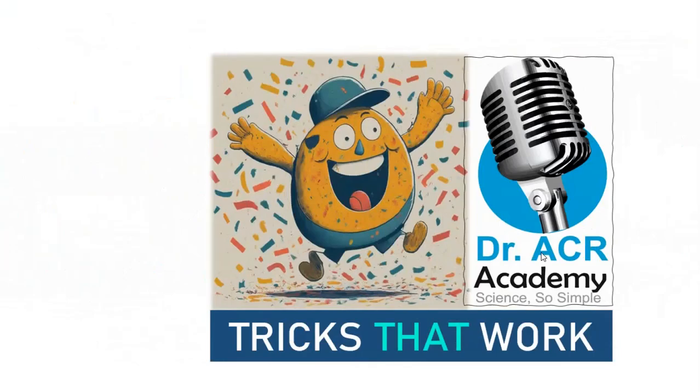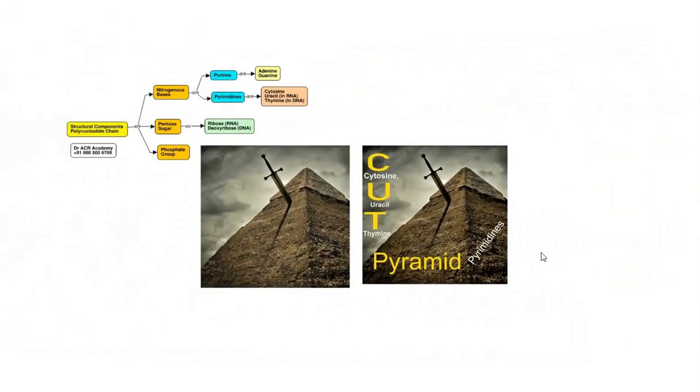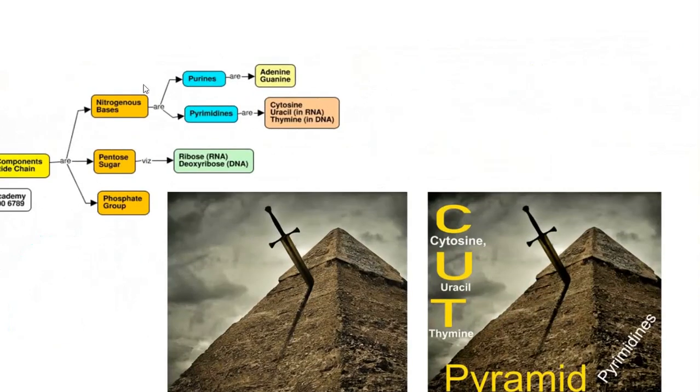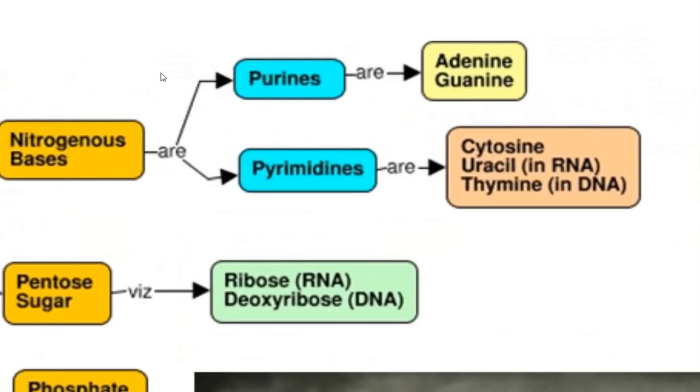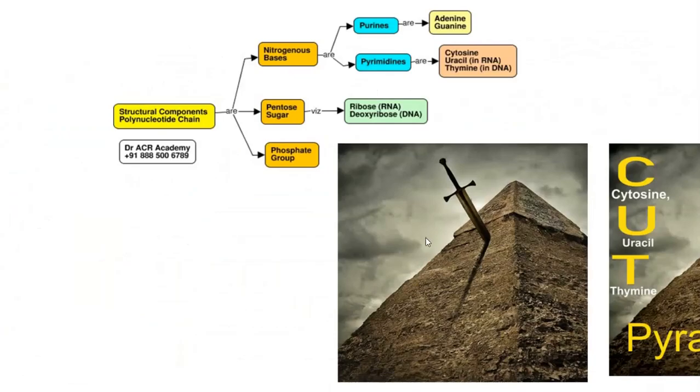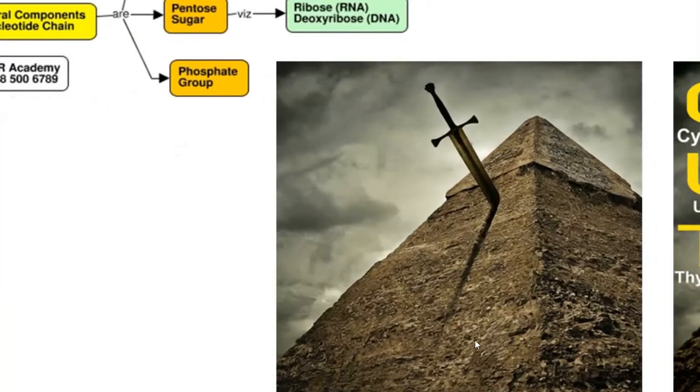Then coming to the tricks to remember things in the easiest manner, now let us see. In the case of nitrogenous bases, the purines as well as the pyrimidines are present. Sometimes we get confused about which nitrogenous bases come under the purines and the pyrimidines. For that, there is a simple trick, let us see.